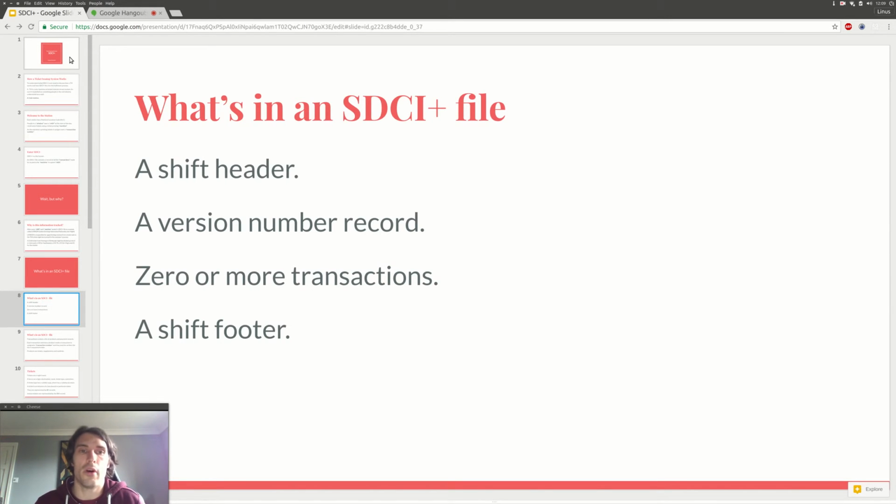That is followed by a version number record, which is the 2C record, and that has the installation date and these types of things. Then there are 0 or more transactions, and after that the last thing will be a shift footer, which is similar to the shift header but updated with everything that's happened since the start of the shift.